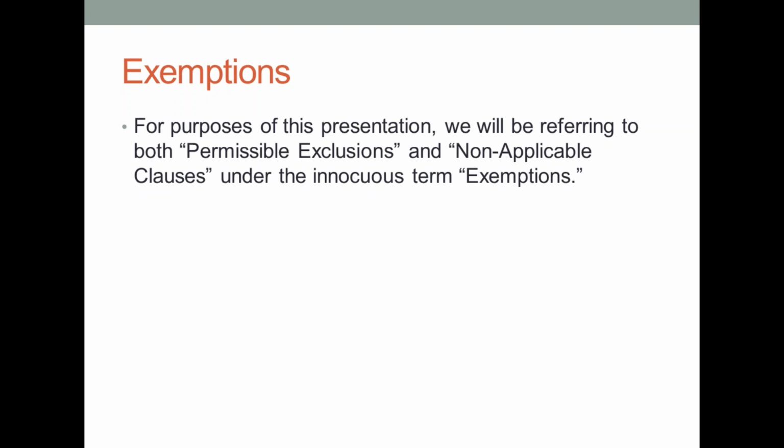So for purposes of this presentation, we're going to be referring to both permissible exclusions and non-applicable clauses under the innocuous term exemptions. That's a term that has come to be used as meaning both, and it's a way that we can refer to these ideas collectively. So we'll be using the term exemptions for our presentation today.